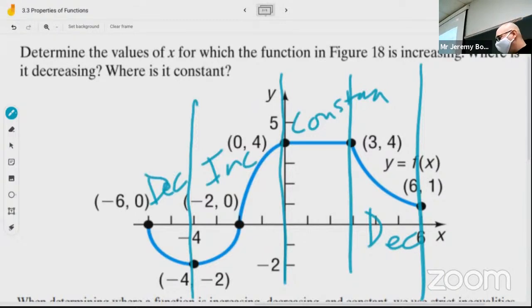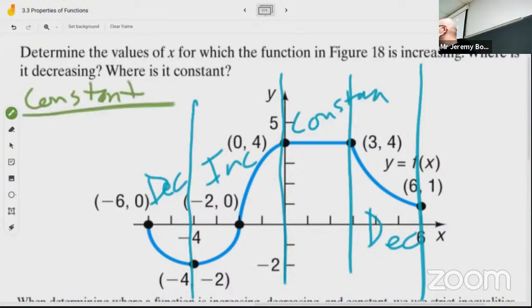Okay, so how do we describe where this function is increasing, decreasing, or constant? Let's do the easiest one. Where is this graph constant? How would you tell me that? Would you use the bar because it's a code sentence? That's okay.